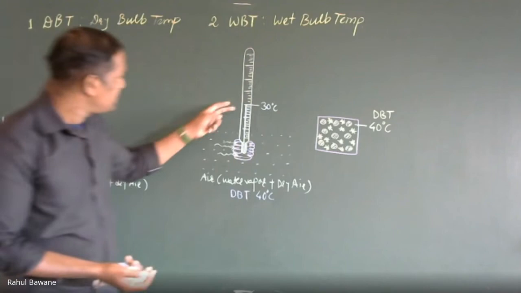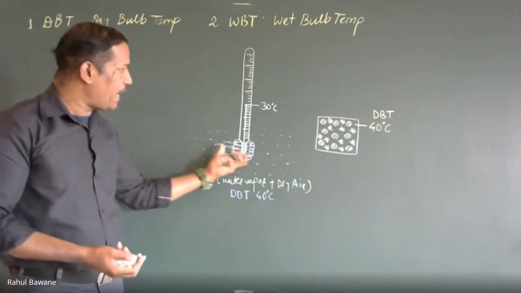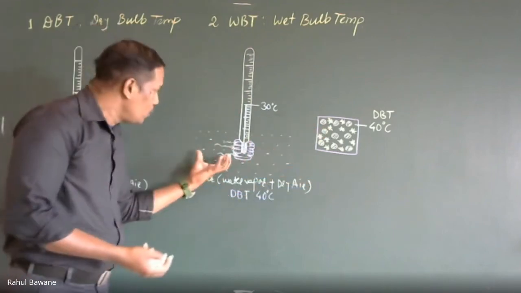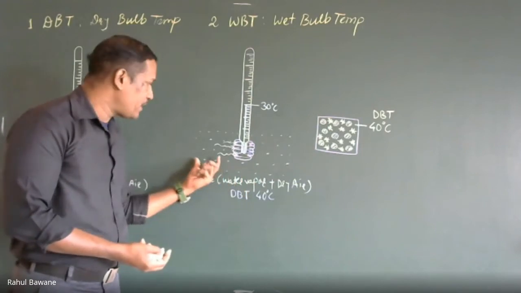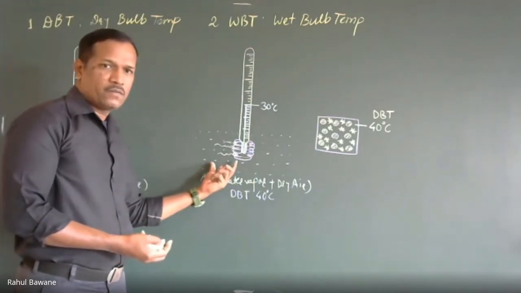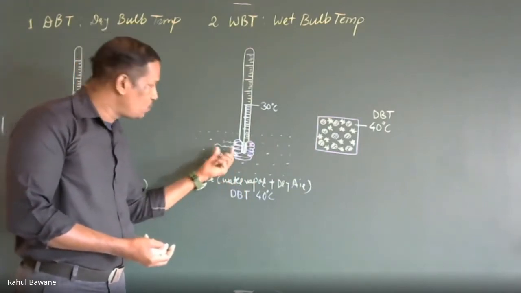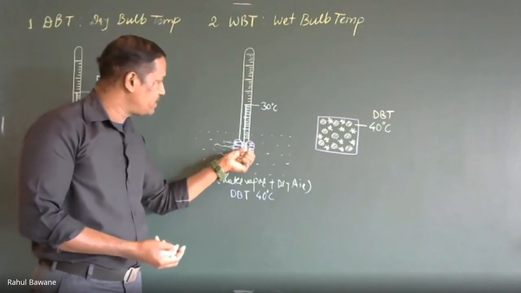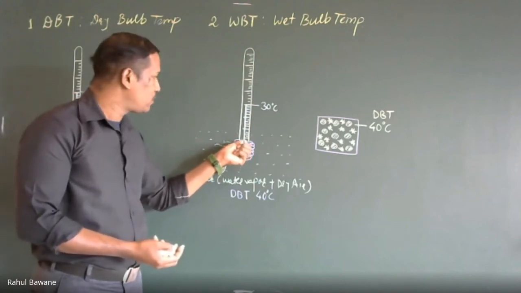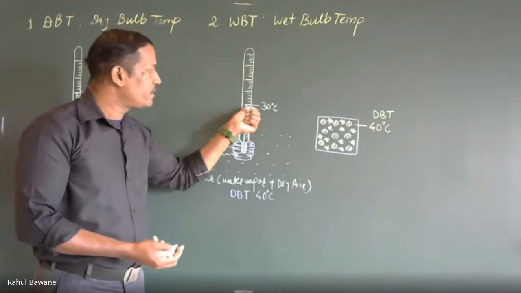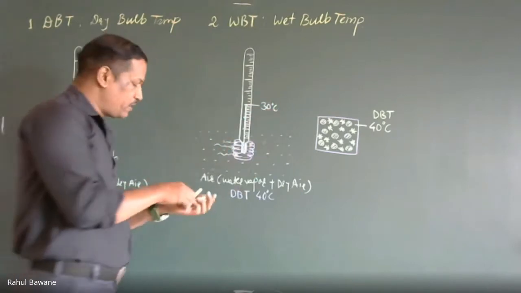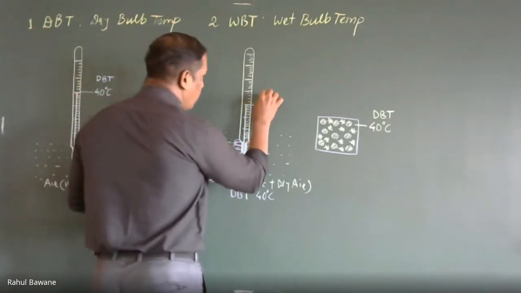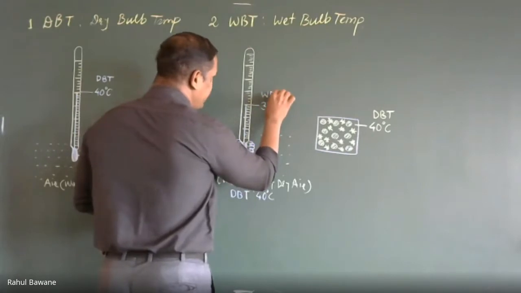Why is the sensed temperature decreased? Because addition of moisture cools down your air, and that cooled air comes in contact with your mercury bulb. So accordingly it is showing a reduced temperature, and this reduced temperature is known as wet bulb temperature.